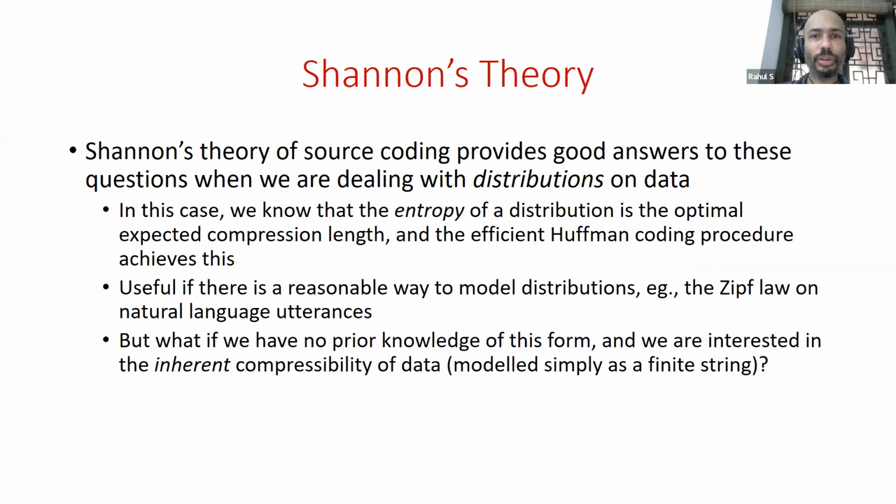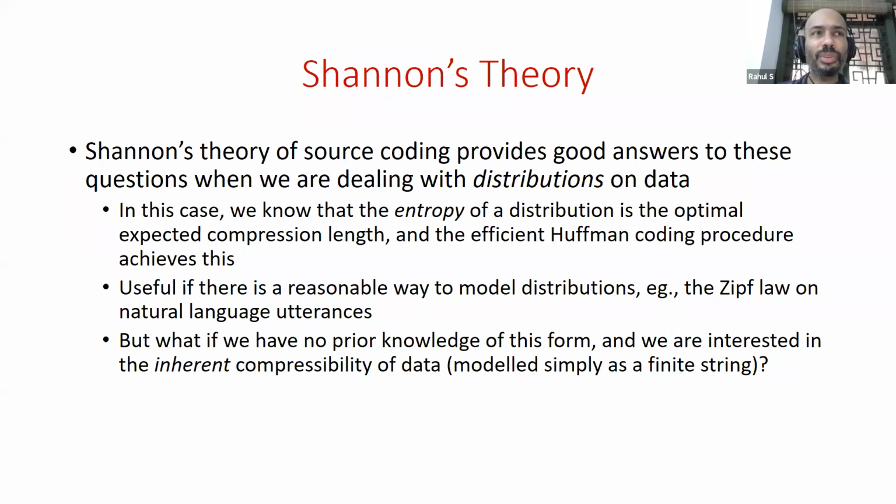So there is a long-standing, very beautiful theory due to Shannon, which is motivated by the question of compression and does provide a framework for it in a certain setting. Shannon's theory of source coding provides good answers to the questions that I just mentioned when we have some a priori distribution on the data.